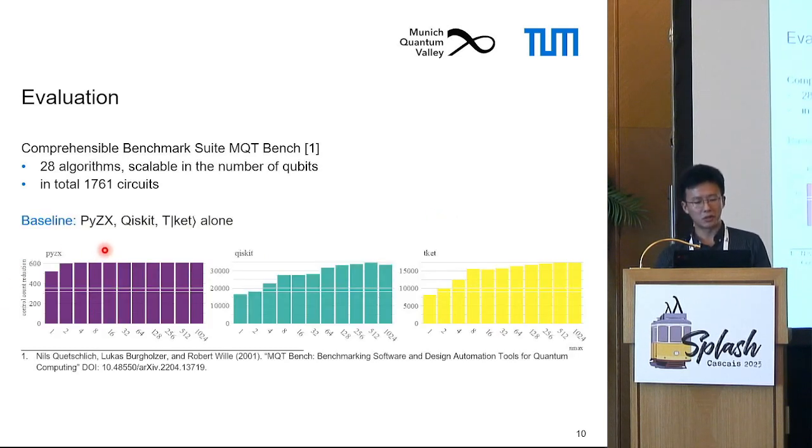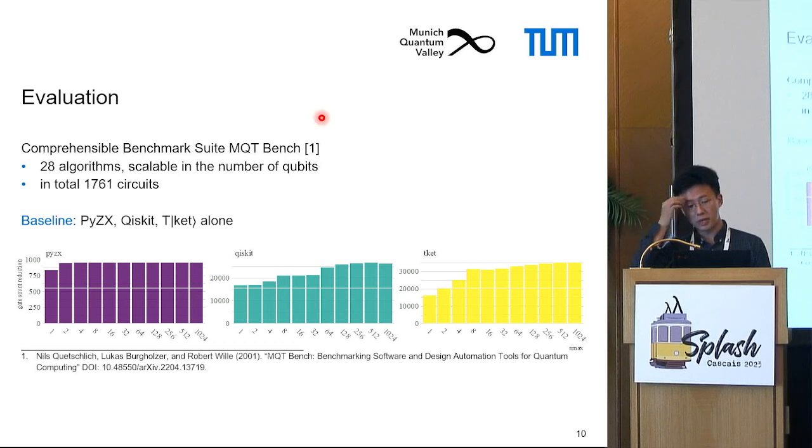So we consider 2 existing optimizers, Qiskit and TCAT, and we wish to measure how much more gate count reduction and control reduction we can achieve by composing in our optimization pass. And as you can see, in terms of gate count reduction and control reduction, by composing in our optimization pass, these 3 existing optimizers can benefit very much.